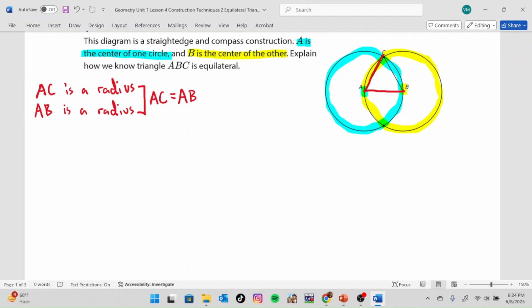Now let's look at the circle on the right, where B is the center. We know that segment BC is a radius. And we know that segment BA is a radius.